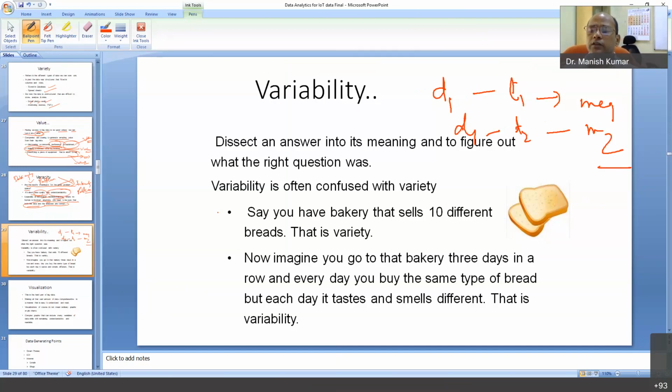For example, I took this example from some source. Suppose a bakery sells 10 different breads. This is the variety you are seeing, that means you have emails, photos, videos and so on. Now imagine that you go to the bakery and 3 days in a row, every day you buy the same type of bread.